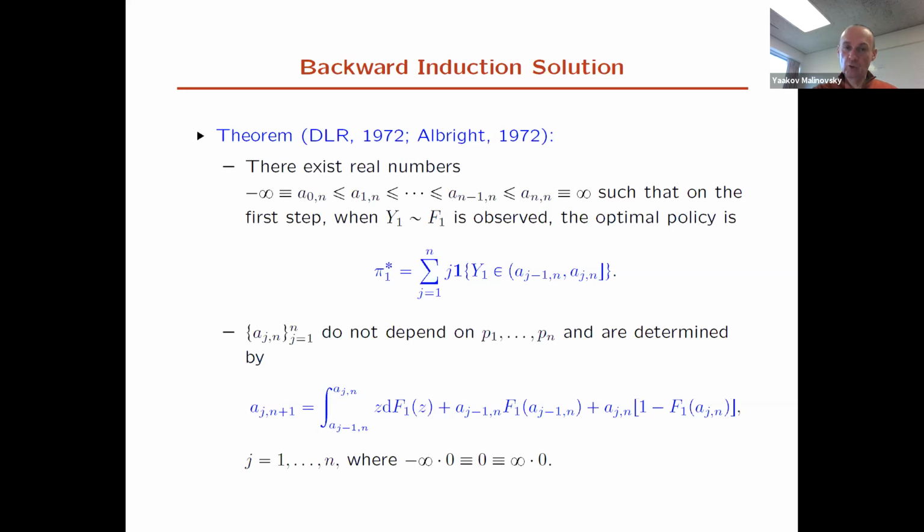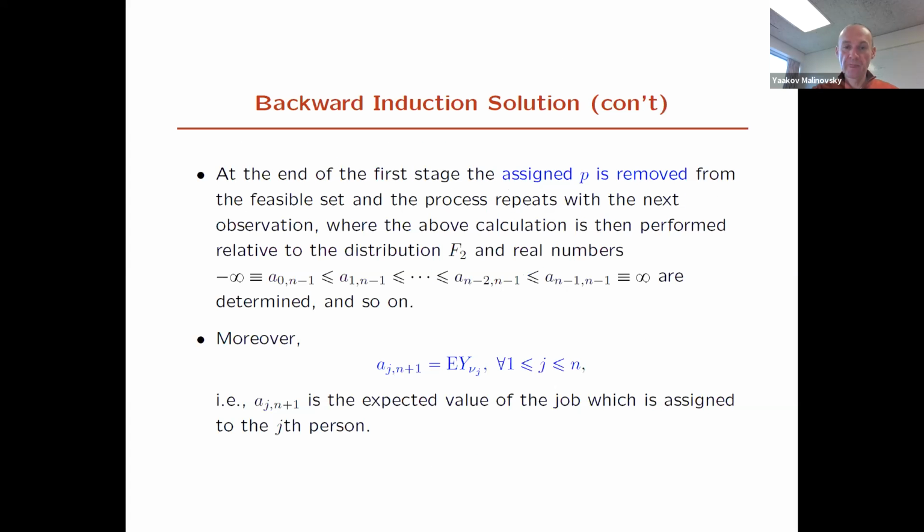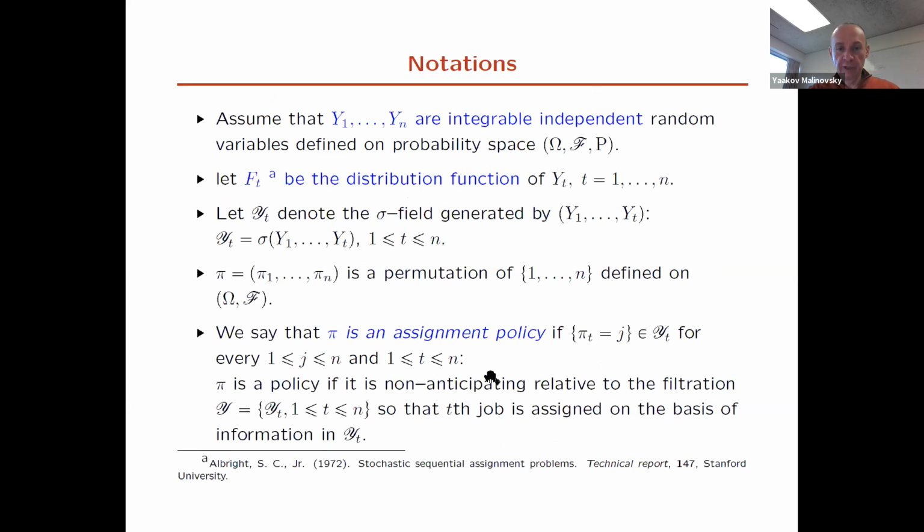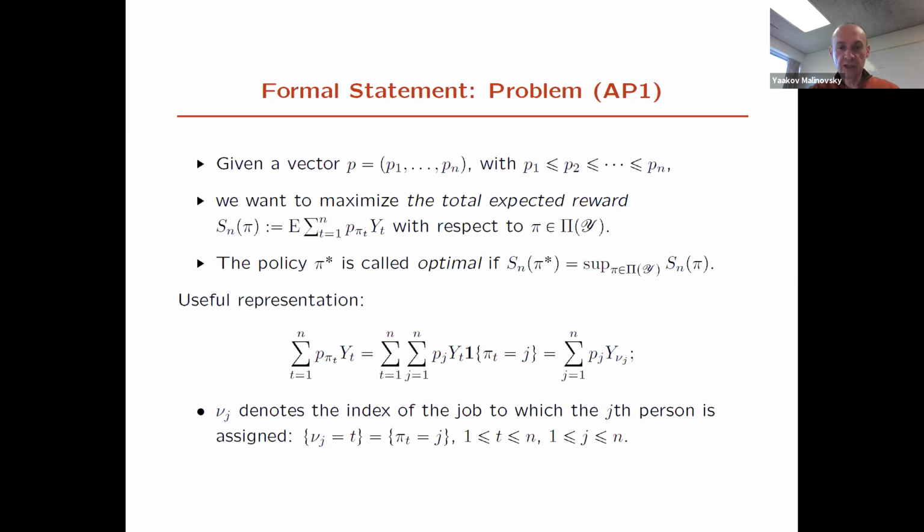So this was the result of Derman, Lieberman, and Ross and Albright for the different distributions. Now, in the last stage of the process, in stage n+1, you exactly obtain the optimal expected value. Remember, in the formulation of the problem, we assign to y_t the worker p_i_t.